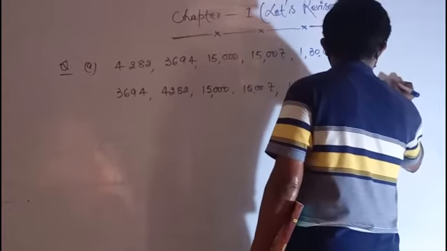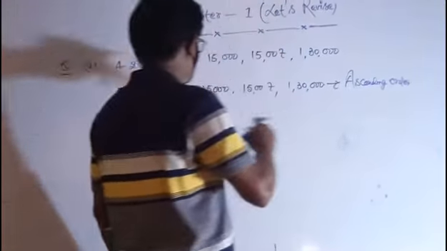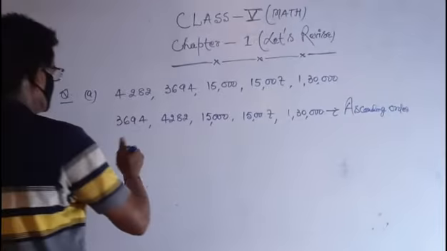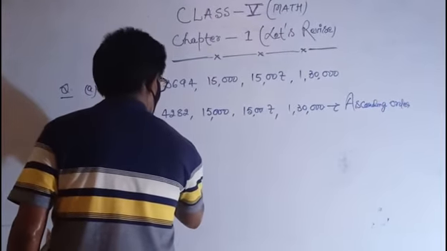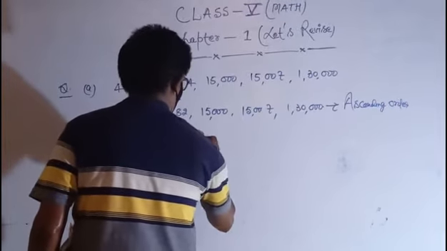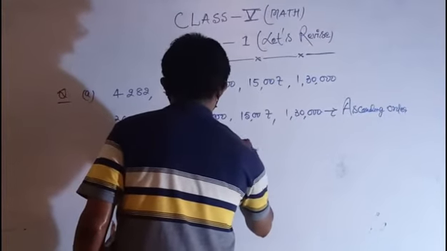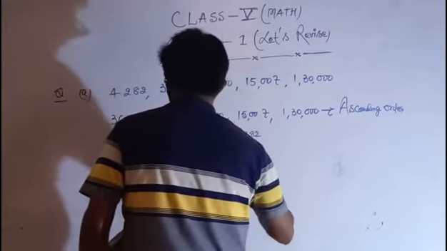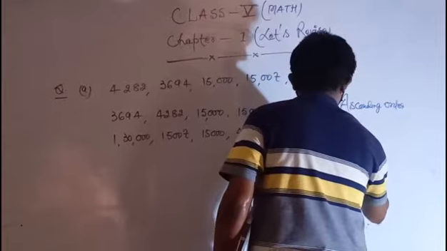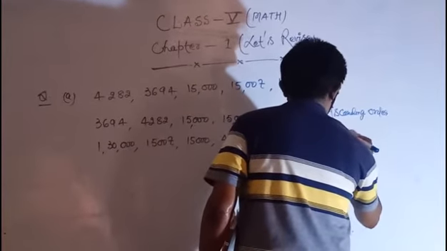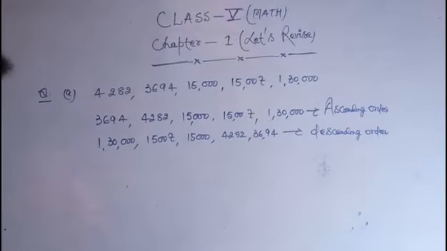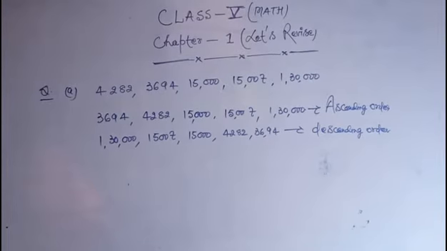And you can write the descending order as 15007, 15000, 13000, 4282, 3694. So you can arrange both in ascending and descending order.